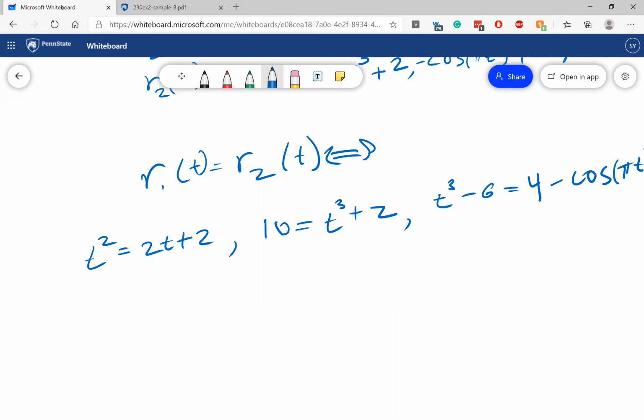Okay, so this would tell us that t cubed is equal to 8, which means t is equal to 2. But if t is equal to 2, that won't be equal. So yeah, these don't collide. No collision. Okay, any questions?